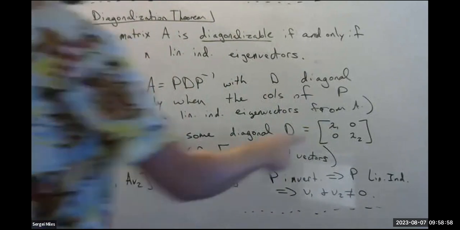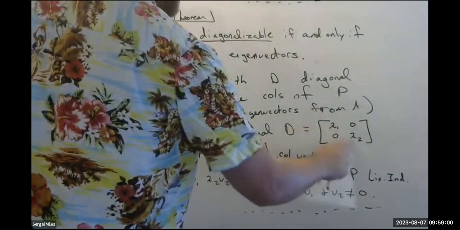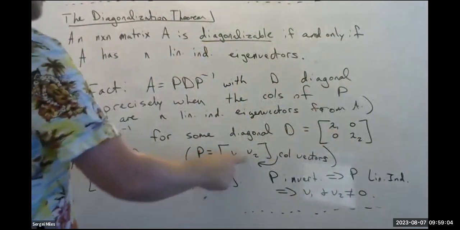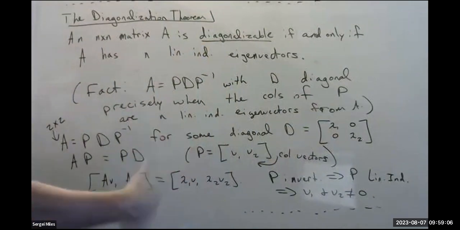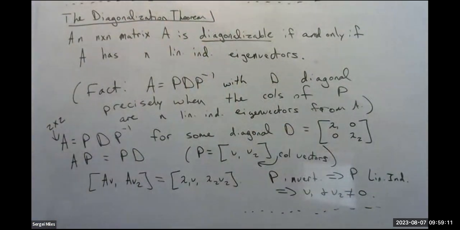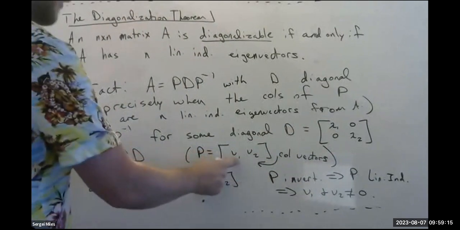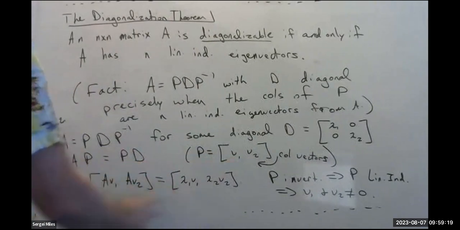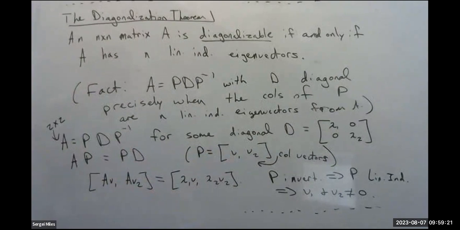In other words, whatever order you put your eigenvalues in, that's the same order your eigenvectors need to be put in. So if you put some eigenvalue in the first column, its corresponding eigenvector needs to also go in the first column in order to make this happen, right? In order to make both sides of this equal, this must happen, okay?